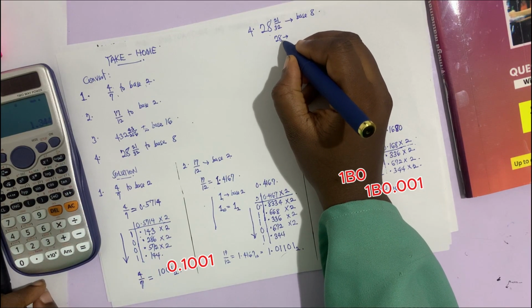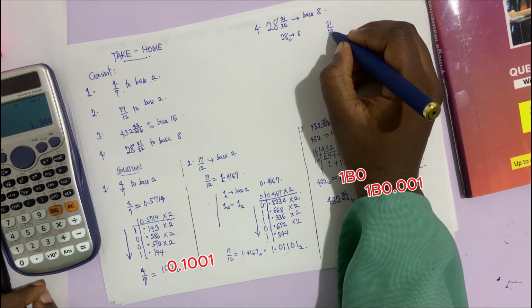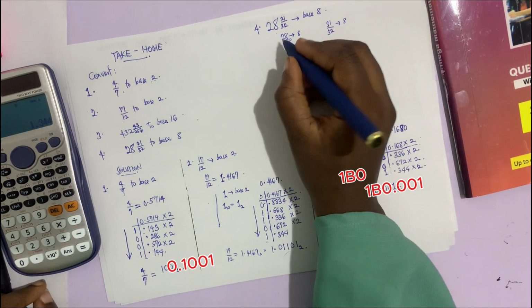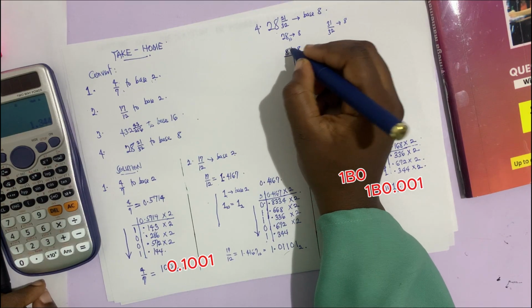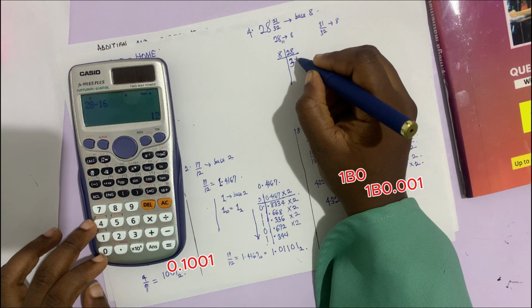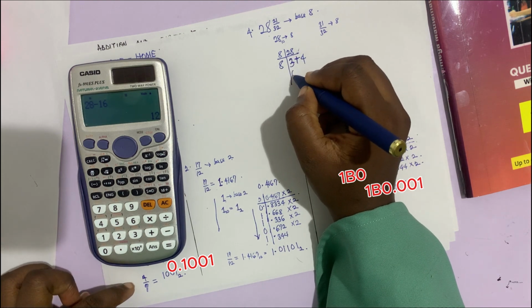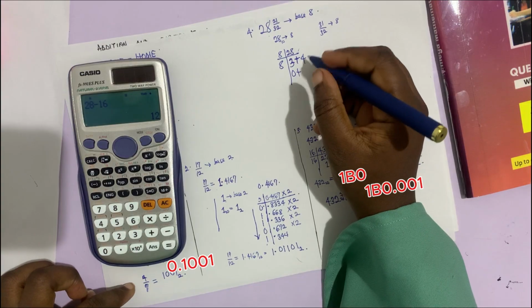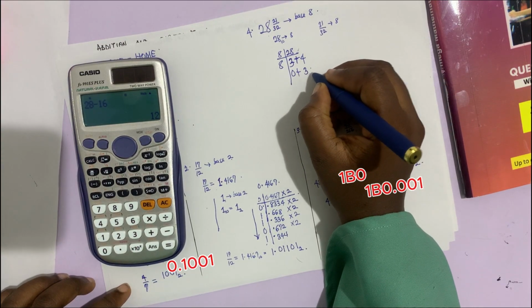So we convert 28 base 10 to base 8, and then we convert 21 over 32 to base 8. So to convert 28 base 10 to base 8, we continuously divide by 8. 28 divided by 8 will give us 3 remainder 4. 3 divided by 8 will not go, that would be 0 remainder 3.